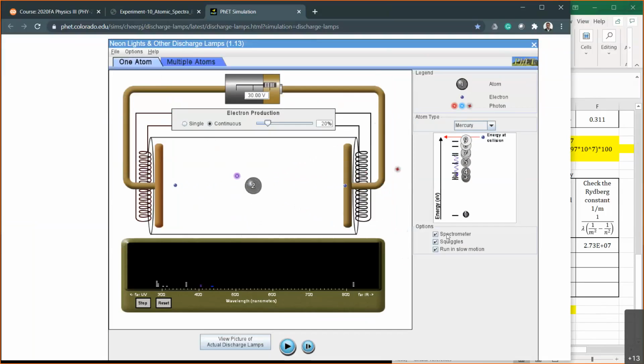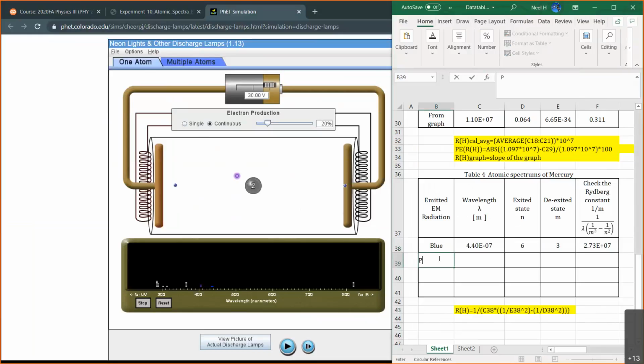That's a purple. So the purple goes from 6 to 2, right? Purple color, and the wavelength is about 405, right?